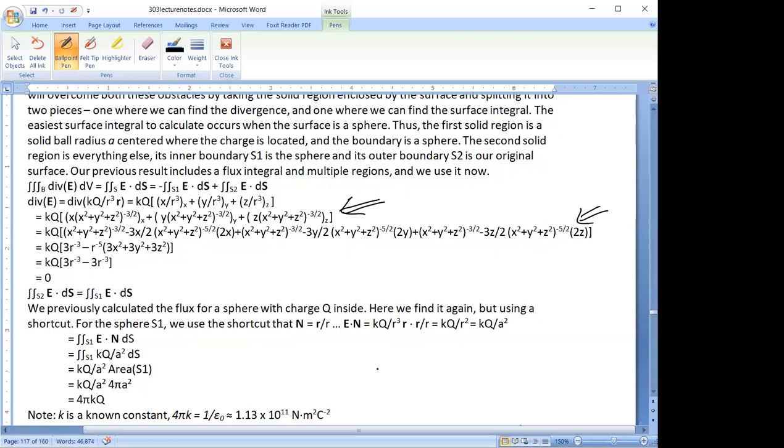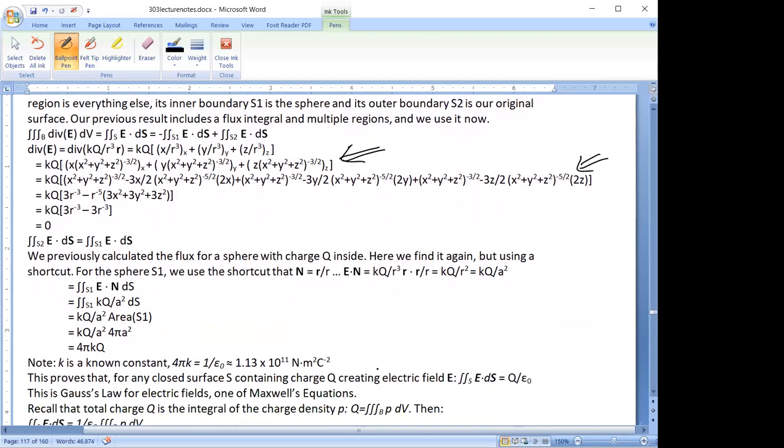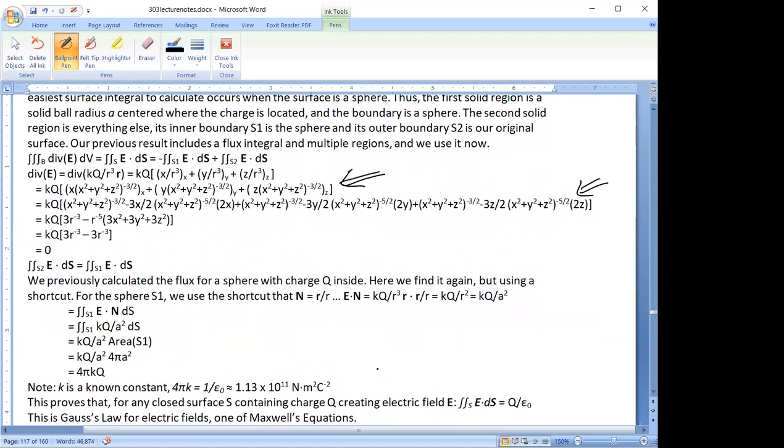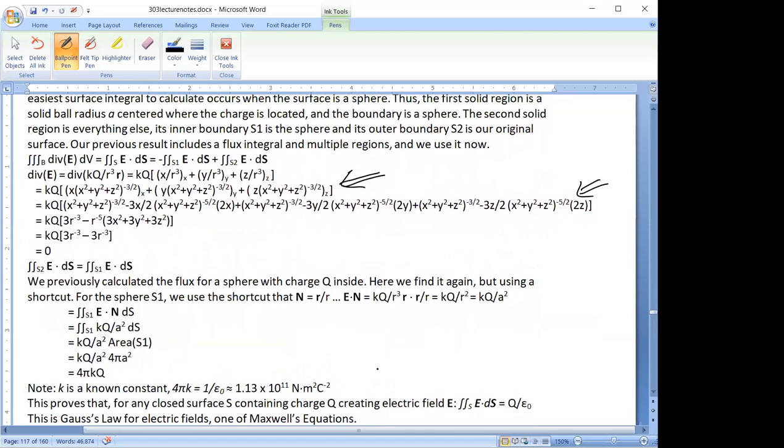And k, by the way, is a known constant from physics, looking like this. So notice what we have proved. We've proved that it didn't matter what the outer surface was. The total flux is going to be basically 4 pi kQ plus 0, or in other words, it'll be 4 pi kQ.